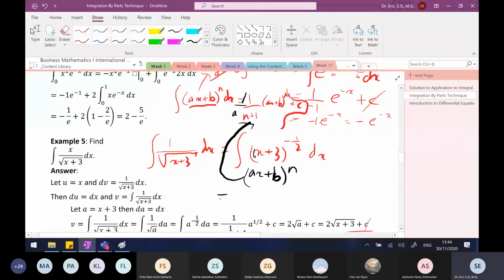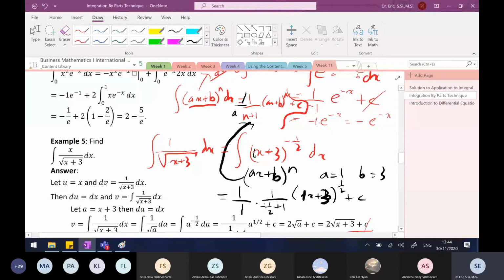So the integral will give you this. a equals 1, b equals 3. By the formula, you have 1 over a, 1 over 1, times 1 over n plus 1, where n is minus a half, times (ax plus b), a is 1 and b is 3, x plus 3 to the power of minus a half plus 1, that is a half, plus constant.